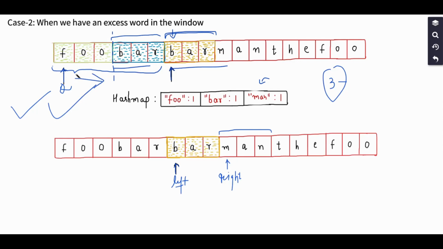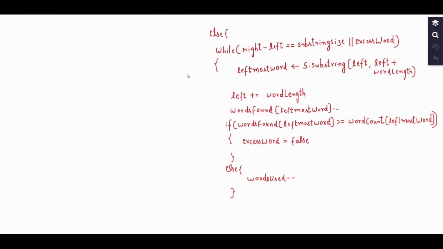So the left pointer would be here, because before this point I always had bar as a repeating word. Therefore I had to move my left pointer up until this position. So that is the case which I am handling here.